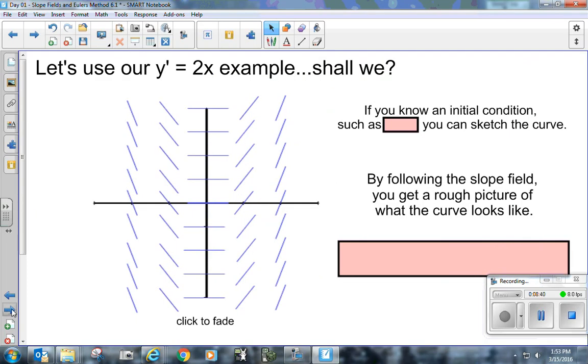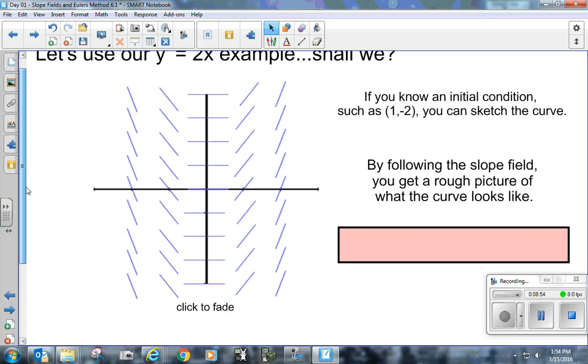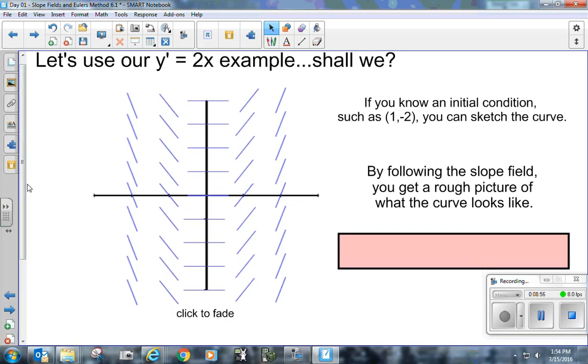All right. If you know an initial condition, such as a coordinate, let's call it 1, comma, negative 2, then you can actually sketch the curve. For example, this is our slope field for 2x. We don't know what our c value is, so we can't really show where the parabola is. But what we do know now is that there's an initial condition, this coordinate right here.